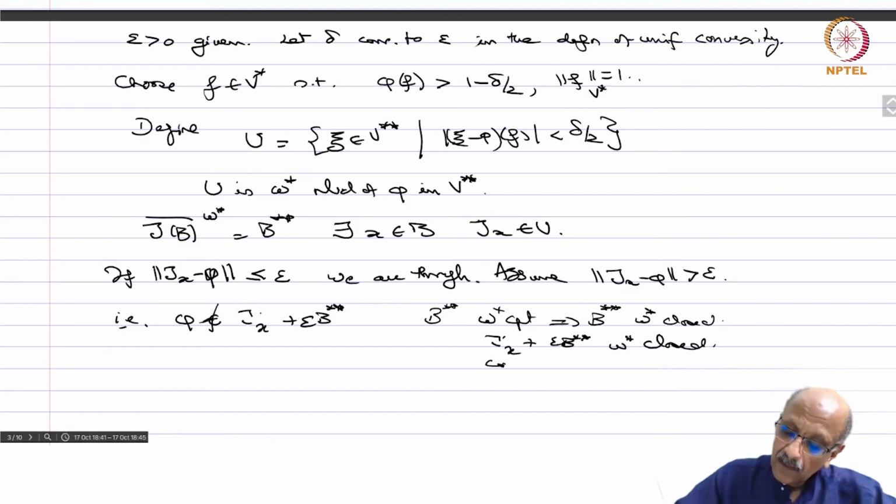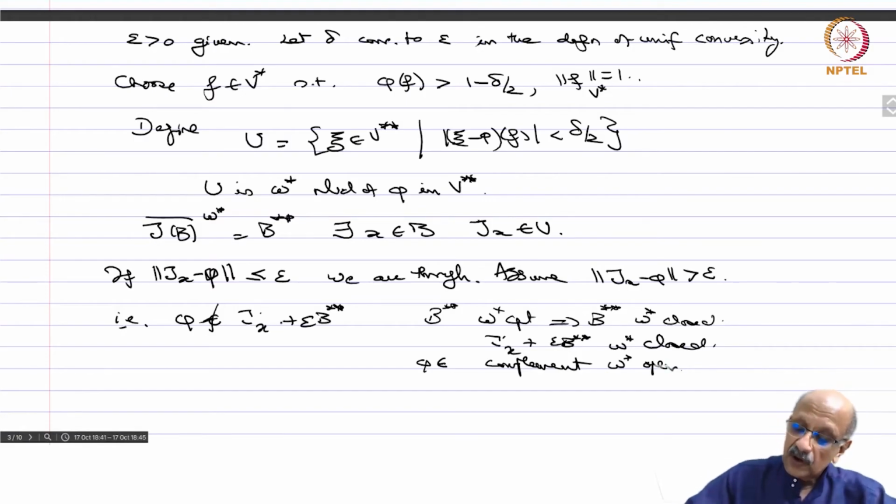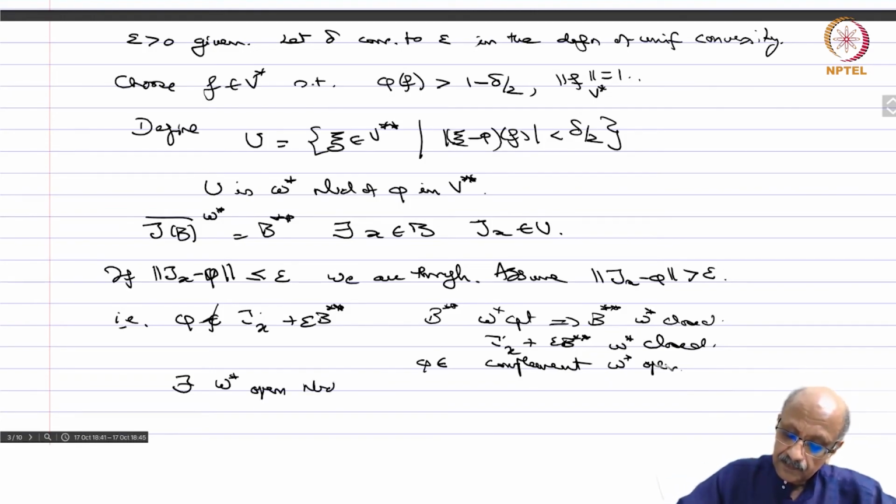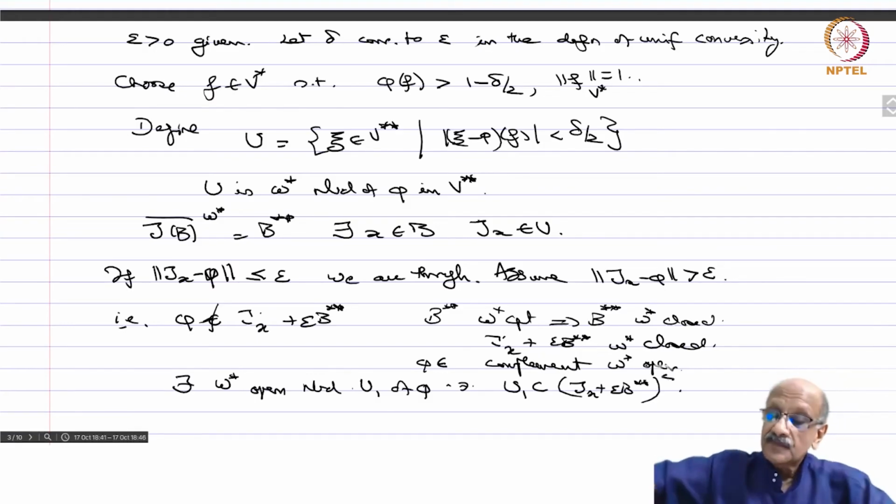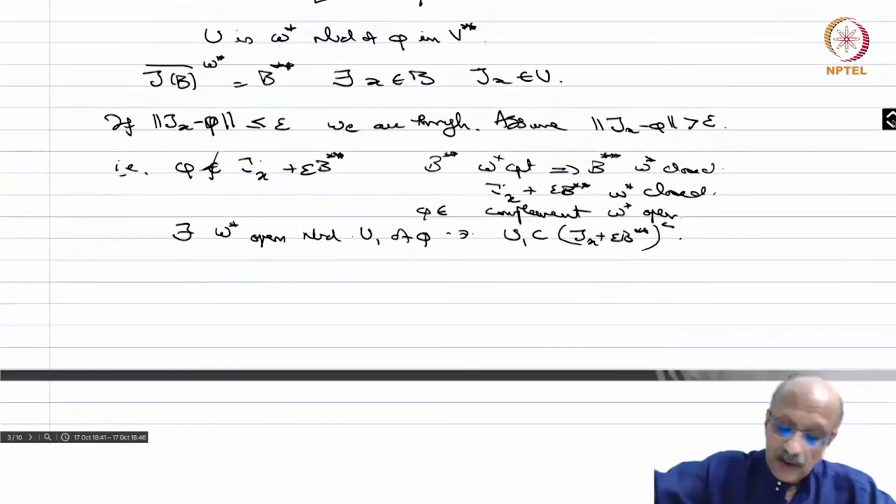So the complement is weak star open. And phi belongs to this complement because we are assuming phi is not in that set. Therefore, there exists a weak star open neighborhood u1 of phi such that u1 is also contained in the complement of Jx plus epsilon B double star. Okay.